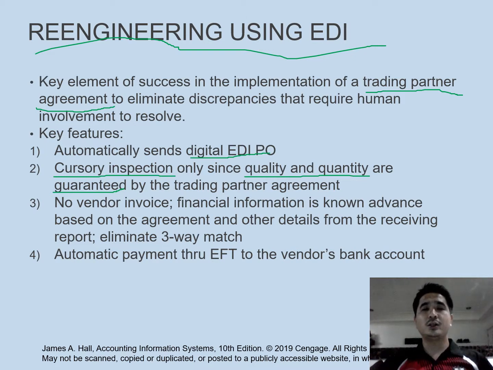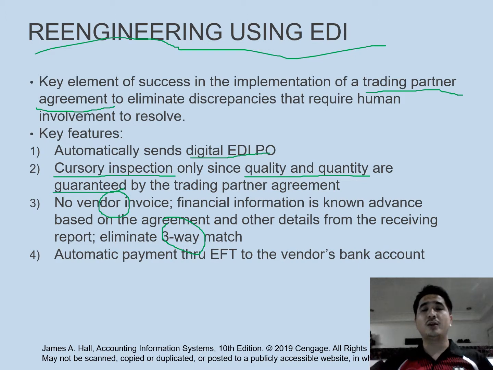And then the key feature here is that in EDI, there's no vendor invoice. That's why there's no three-way match. In the first place, why don't you need a vendor invoice anymore? The vendor invoice contains the total amount to be paid. However, since the price per unit is known in advance through the agreement, and there's a receiving report, you just multiply the price agreed in advance and the actual goods in the receiving report.